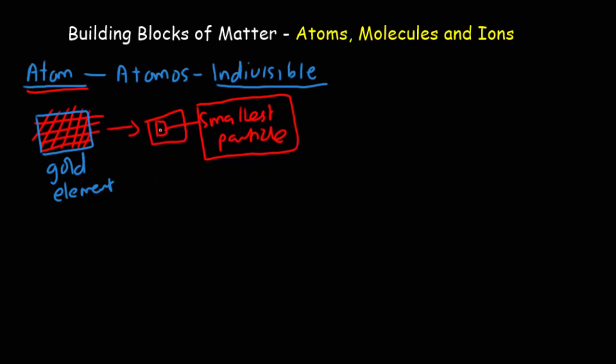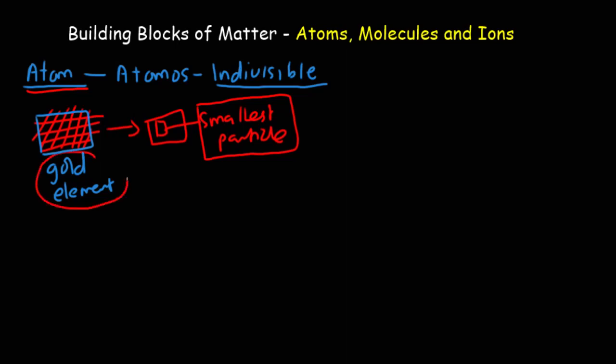Now, this smallest piece called atom, because it is taken from the entire gold element, will exhibit properties similar to the entire gold element.